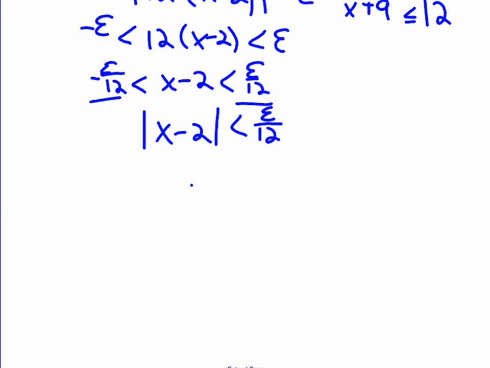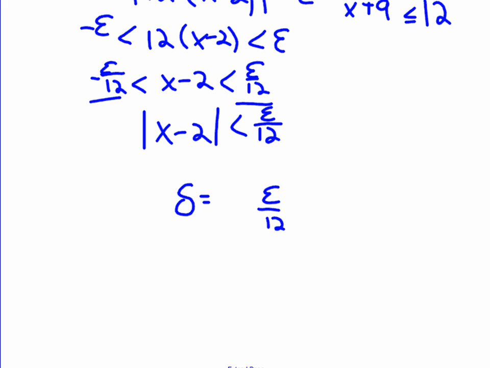So now delta is equal to epsilon over 12. Oops, that's a 3, that's not an epsilon. Epsilon over 12 is going to be part of it. But we have to ask ourselves, did we pick a value? Did we get rid of a factor at some point? And we did.